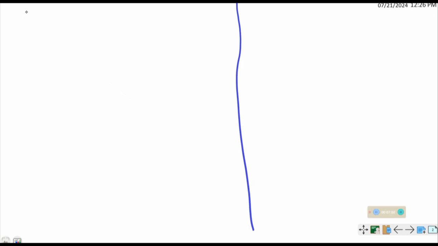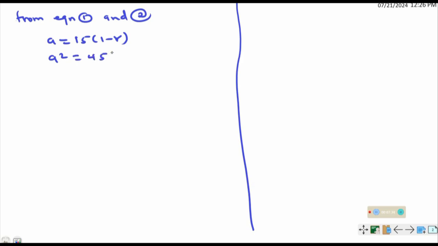So we are having equation number 1. From equation number 1 and 2, we had a as 15 into 1 minus r. We had a squared, which was 45 into 1 minus r squared.